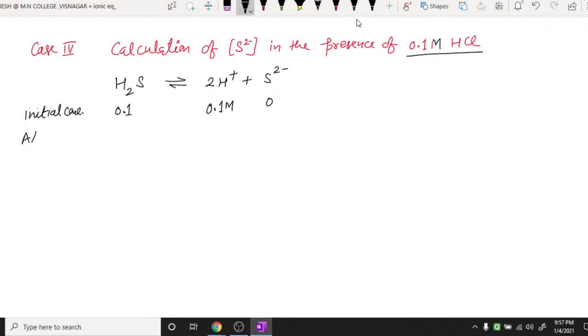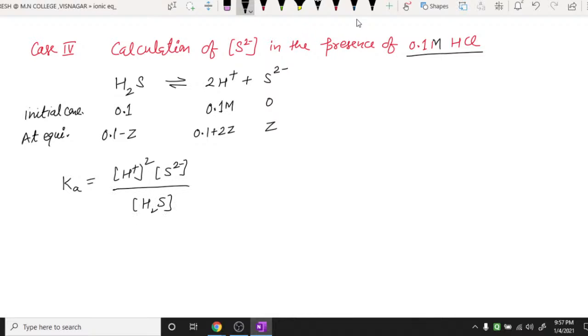Now at equilibrium, it is 0.1 minus, take it as Z. So it becomes 0.1 plus 2Z and it becomes Z. Okay. Now Ka again, it is H plus ion concentration raised to power 2, S2 negative ion concentration divided by H2S concentration.